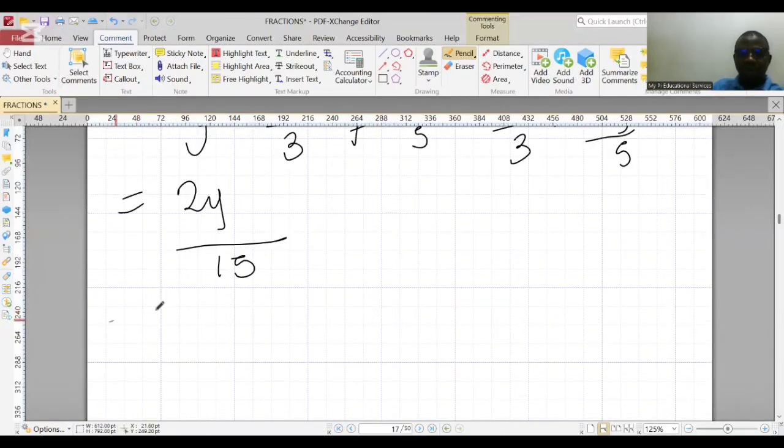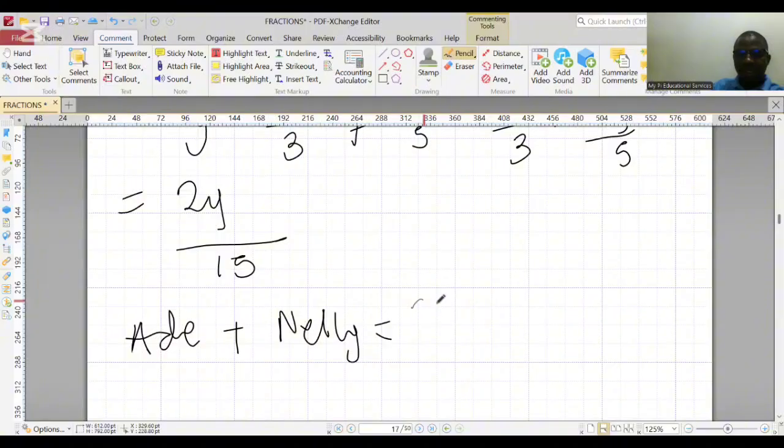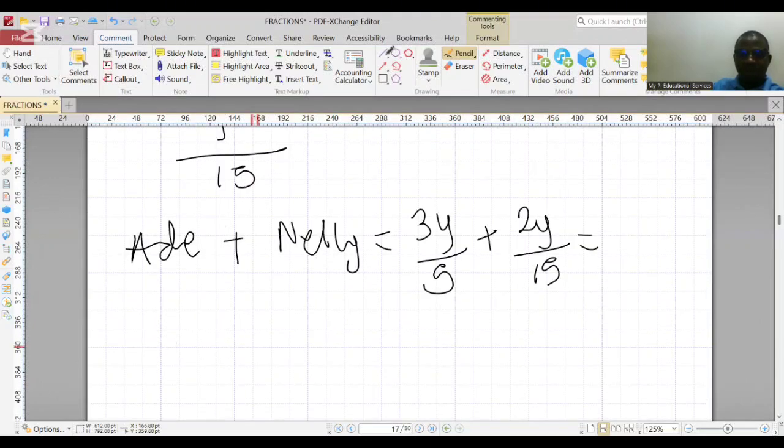Now the total fraction received by Ade and Nelly, so Ade plus Nelly, will give us 3Y out of 5 plus 2Y out of 15. So here the LCM will be 15.